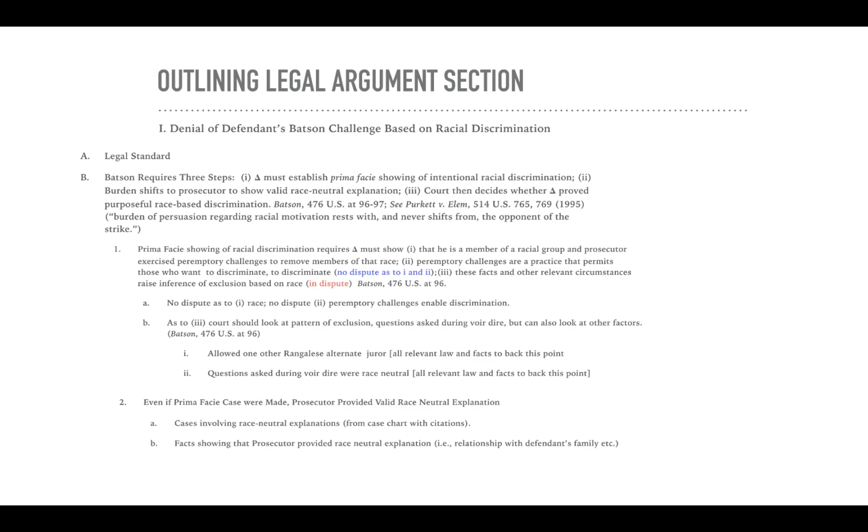And the outline can continue by listing the cases that you'll discuss involving race-neutral based explanations, and then apply the law to the facts of our case where you cite to the record showing how, where the prosecutor provided a valid race-neutral explanation for excluding the juror.